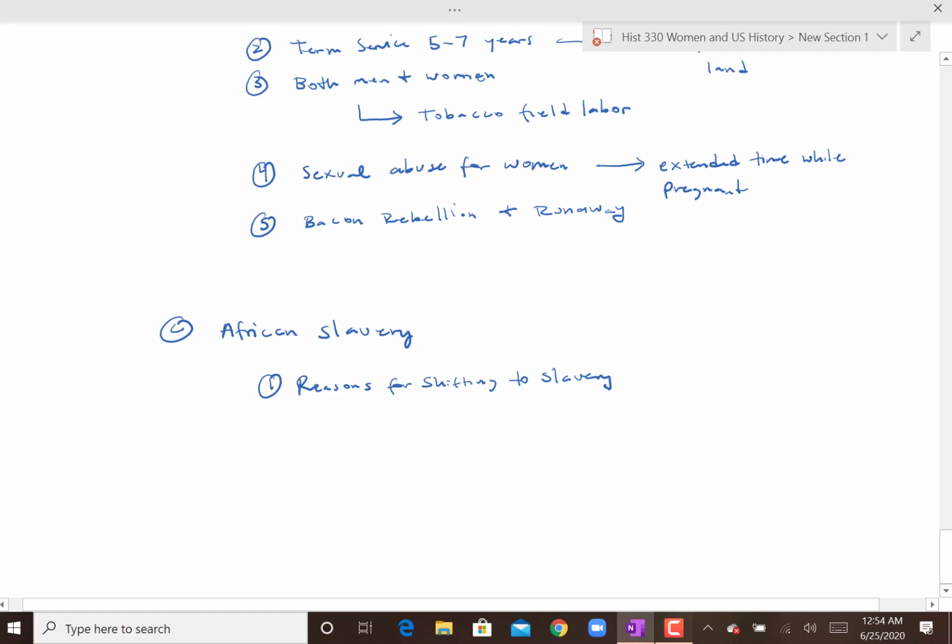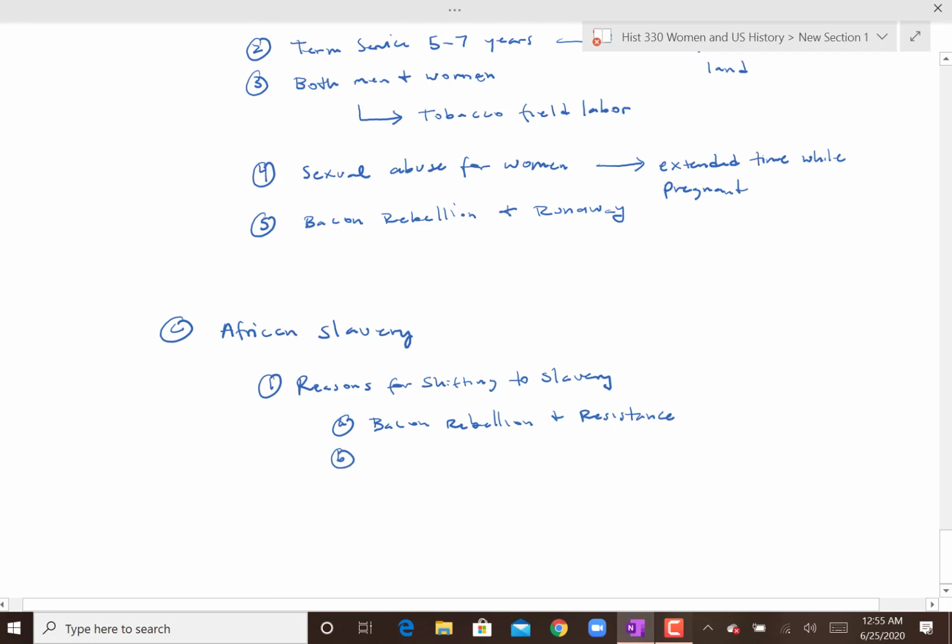the early 1600s, but they were very few in number compared to when this transition happens. So the first was Bacon's Rebellion and resistance, just like with the Native Americans, this concerned them.